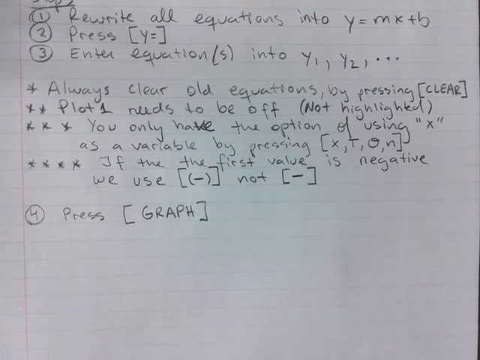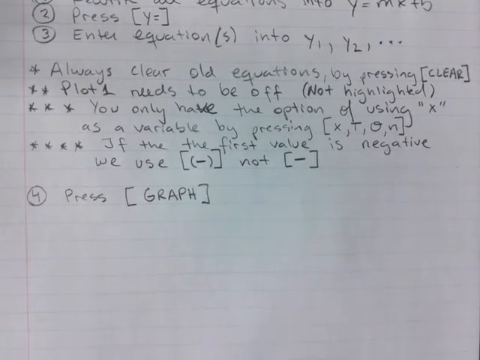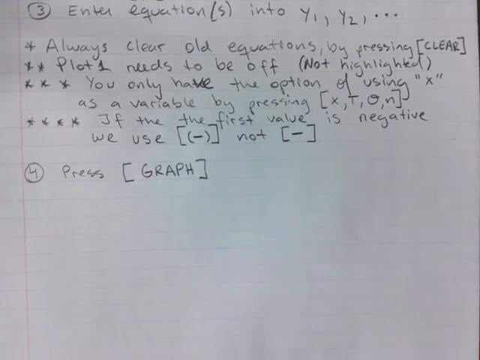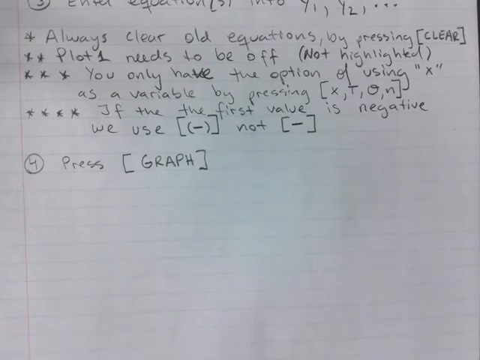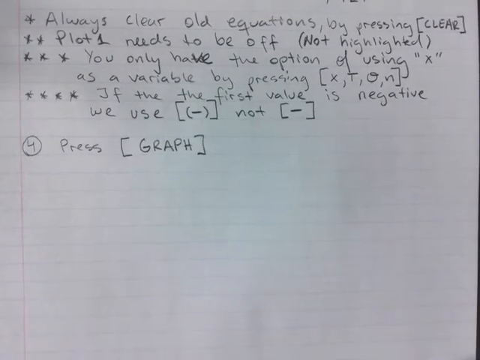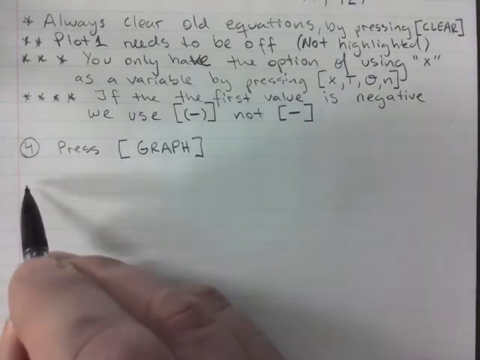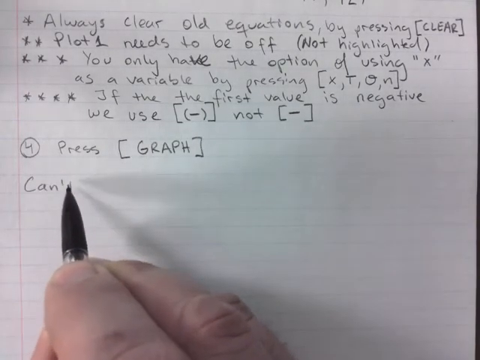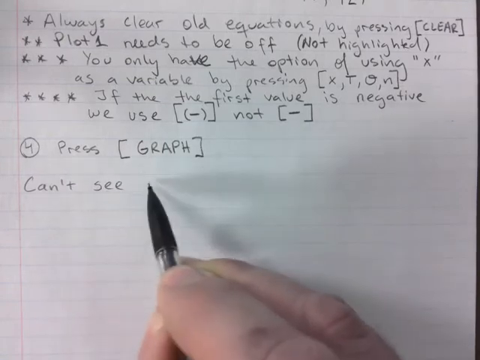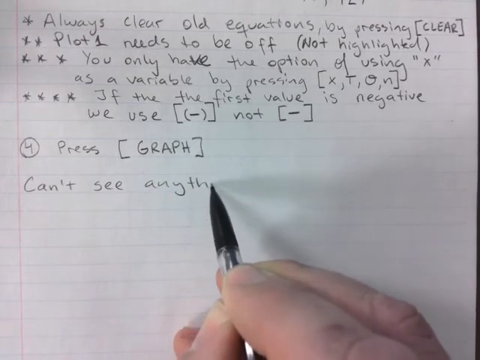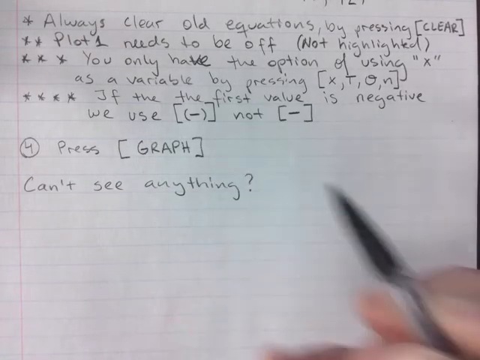And here's the issue that happens. Quite often you don't see anything. It's like, what? I just typed it in. I can't see anything, Mr. Dirksen, and you start to panic, right? So we'll see this. Can't see anything? Question mark.